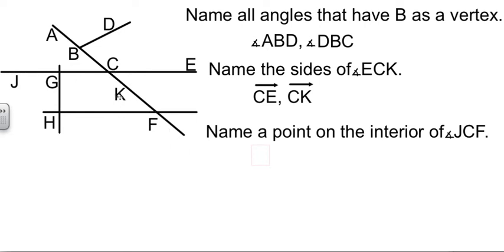Some people look and say K because K is inside that line, but K, remember, is this point on the line. The only one that's interior to it is H. If they ask for a point exterior, we could pick A, B, D, or E. If they ask for a point on, then we could pick F, K, C, G, or J. Those would be on the angle.